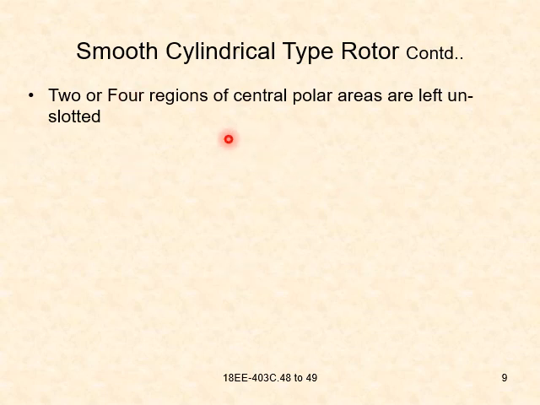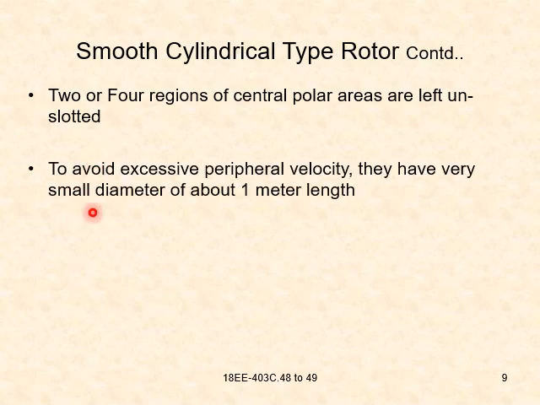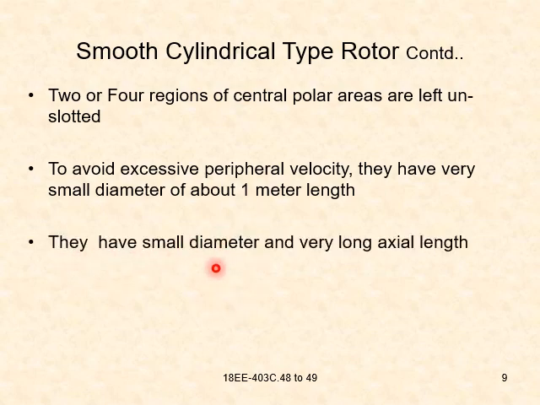To avoid excessive peripheral velocity, they have a very small diameter of about 1 meter, and a very long axial length.